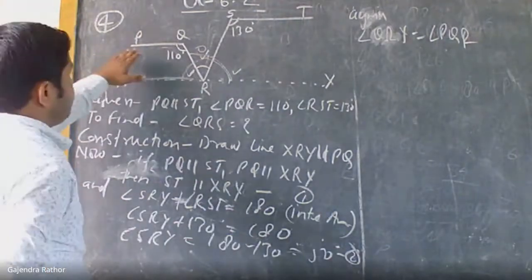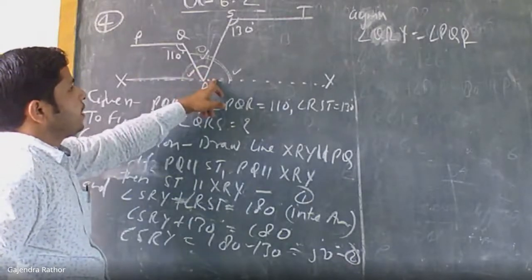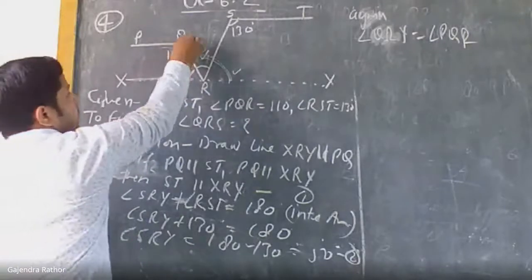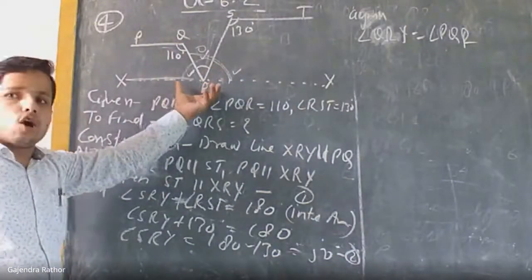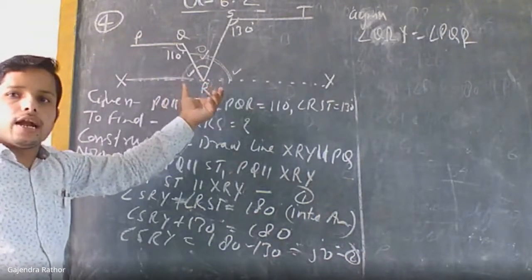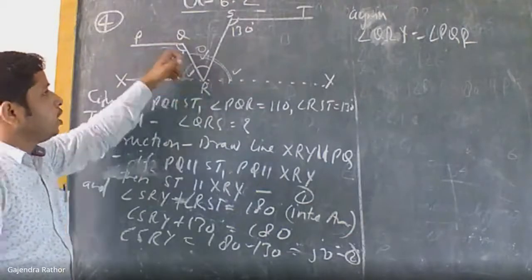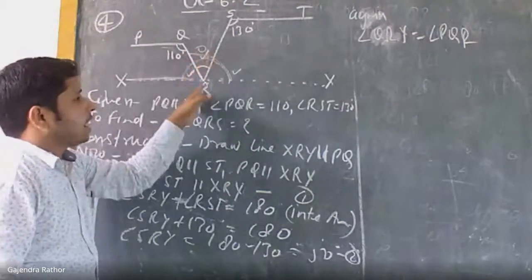Because PQ and XR are parallel, and these are alternate interior angles for the transversal. The transversal is QR. For different pairs of parallel lines, we have different transversals. For PQ and XRY, QR is the transversal. For ST and XRY, SR is the transversal.